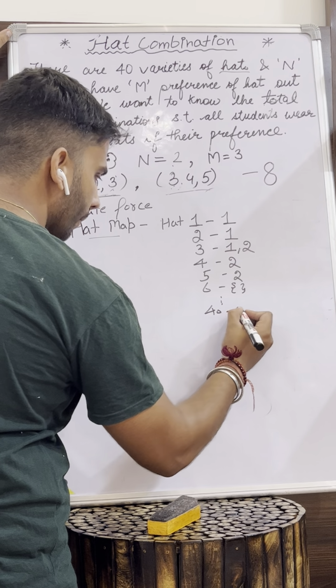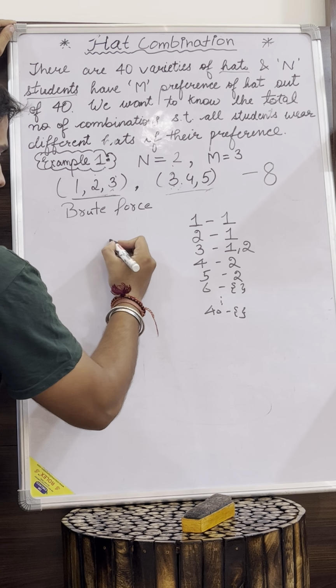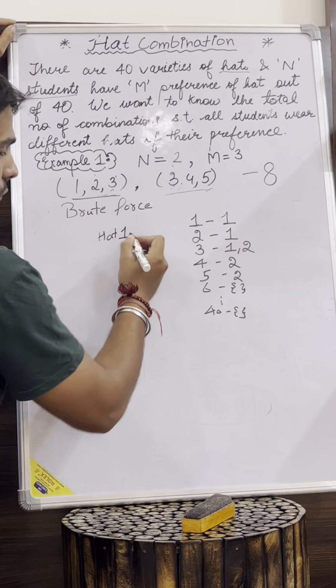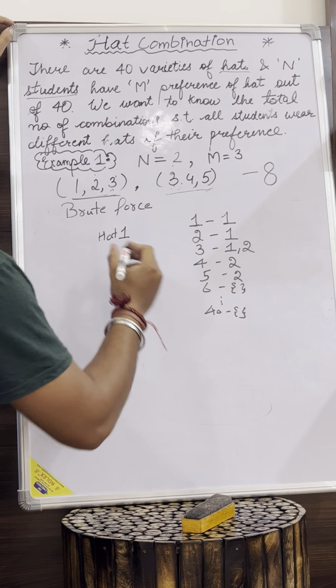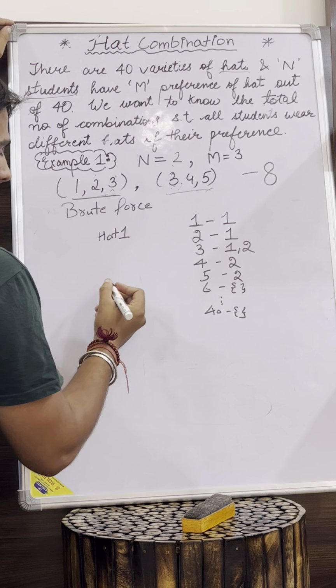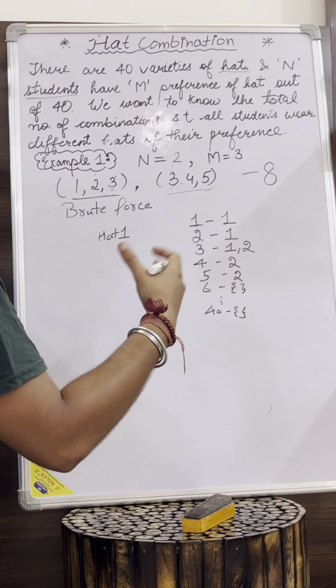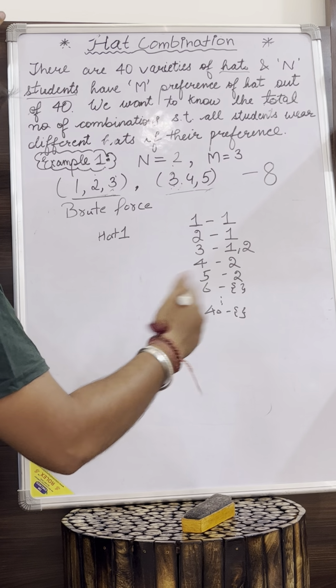Now we want to iterate in such a way that we are able to find the valid answers. So let's start with hat number 1. We need to find all the valid combinations, and we also maintain a list of the students who are already done.